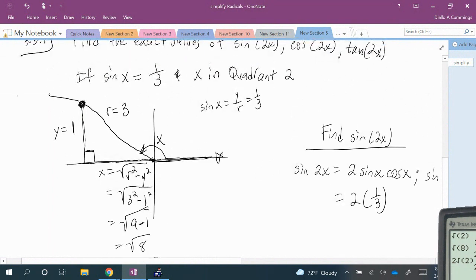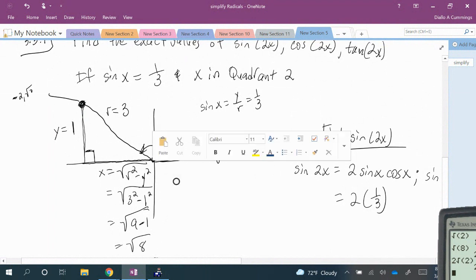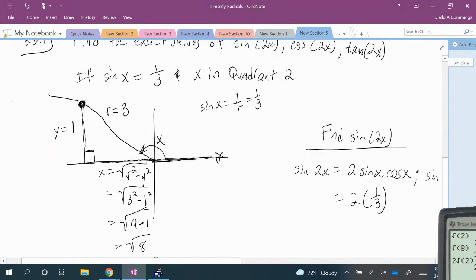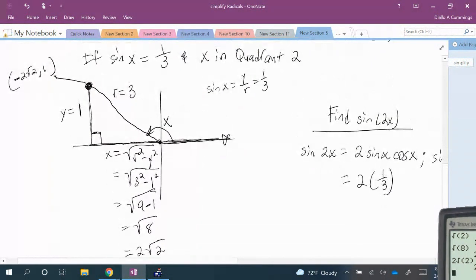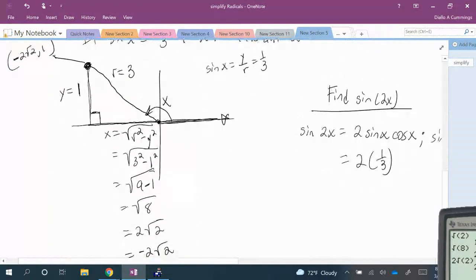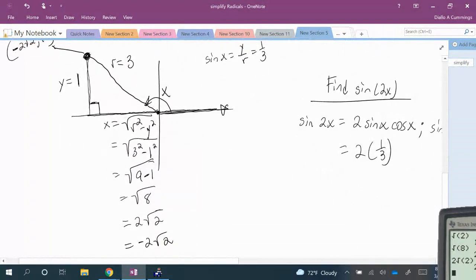So the coordinates for this point should actually be negative 2 square root of 2 comma 1. That's the ordered pair for that point. So mathematically we got a positive number, but based on our sketch, that x value should be negative.